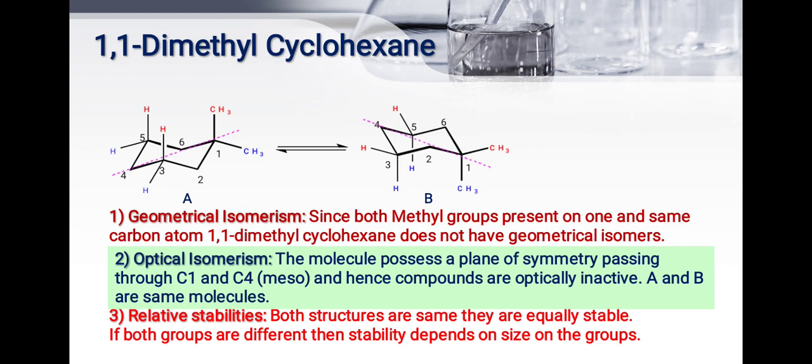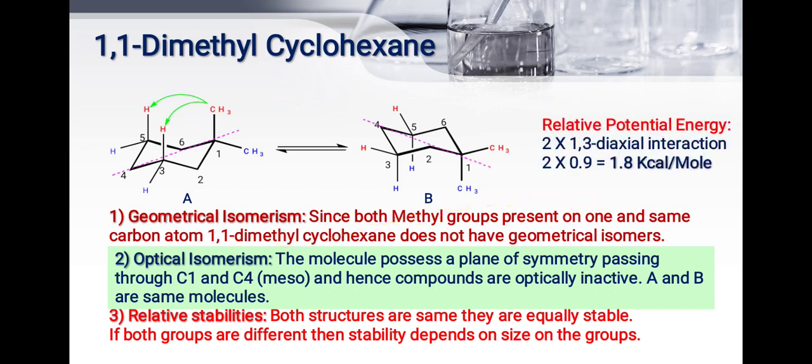What is the condition for geometrical isomerism? When the methyl groups are present on different carbon atoms, and when the molecule possesses a plane of symmetry passing through C1 and C4, hence the compounds are optically inactive. Here a plane of symmetry is there, so it is optically inactive.